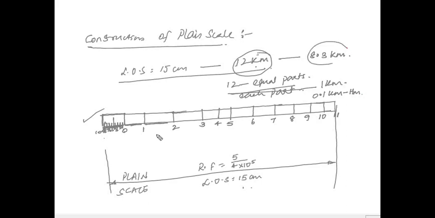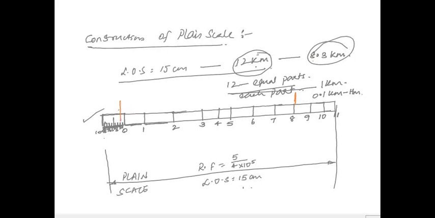So on this scale now I have to mark 8.3. Directly go to, that means 8 kilometers and 0.3 kilometers. So go to 8, draw a line, and here this is 0, 1, 2, 3. Right?